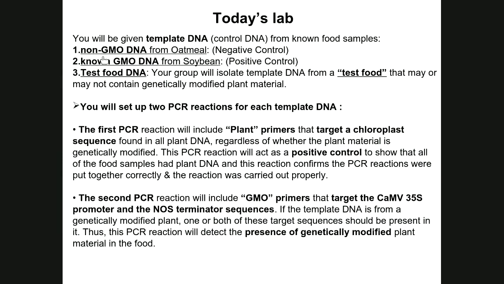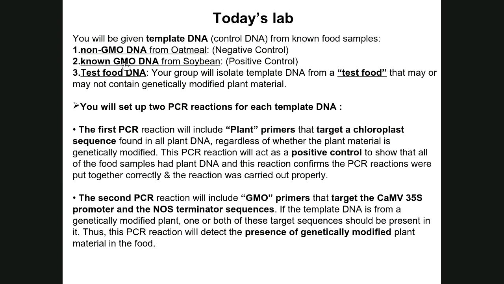The negative control is non-GMO plant DNA that was extracted from oatmeal. The other control DNA, template DNA, serves as your positive control DNA. This is plant DNA that also contains GMO DNA, and it's been extracted from plants called soybeans.